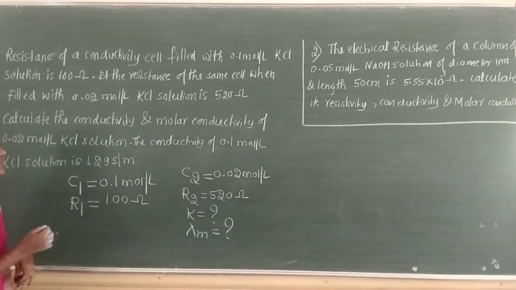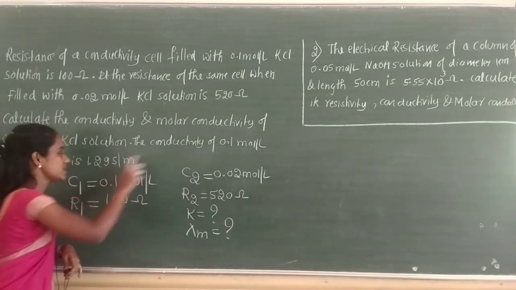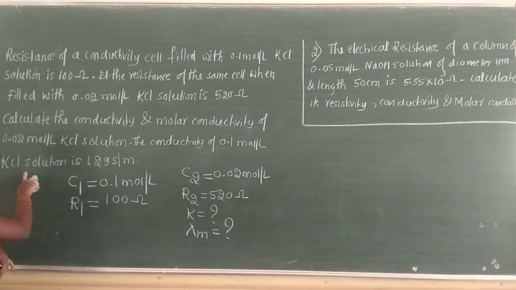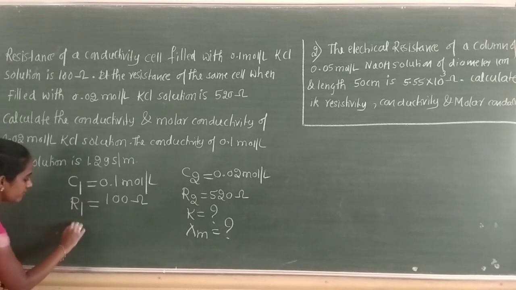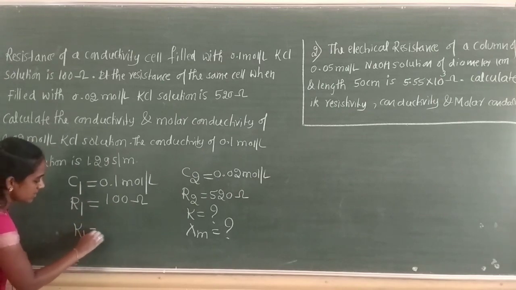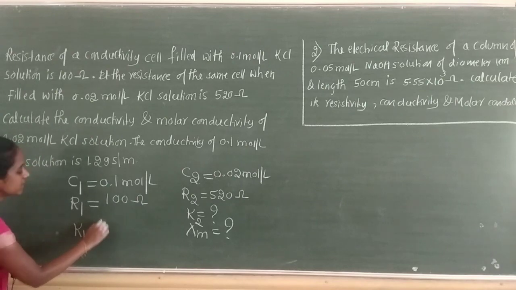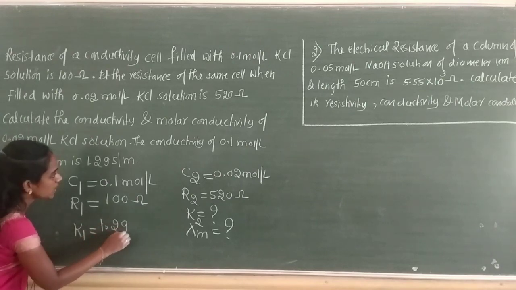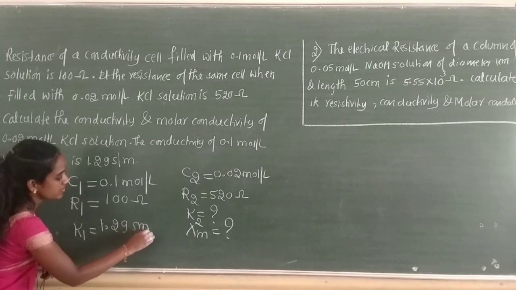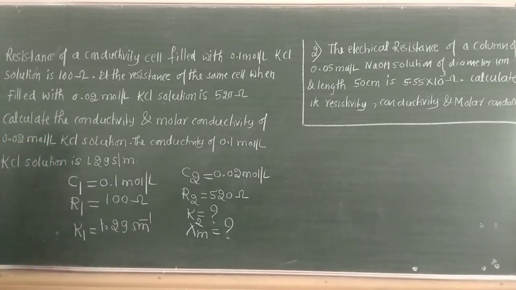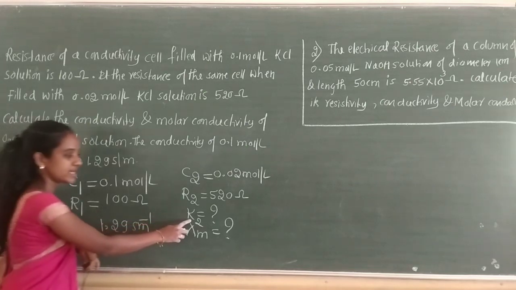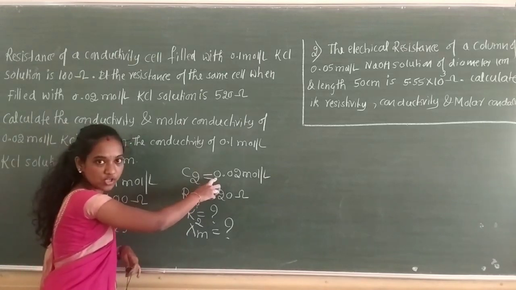Okay, and what is given? The conductivity of 0.1 mole per liter potassium chloride solution is K1, and this one is K2. K1 is given, that is 1.29 Siemens meter inverse. We need to calculate the conductivity of the other solution.